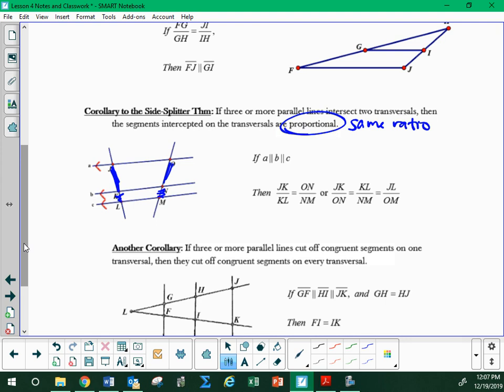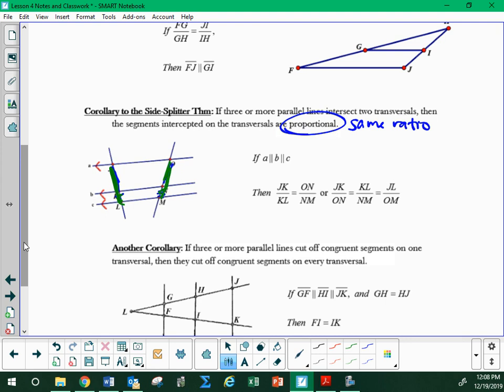So I went top to bottom, top to bottom. Or if we take a look at our next piece here, JK to ON equals KL to NM, which equals the whole thing, JL to OM.